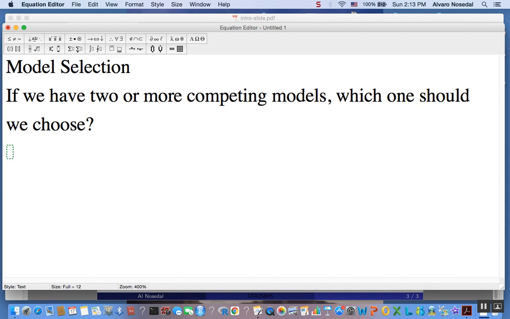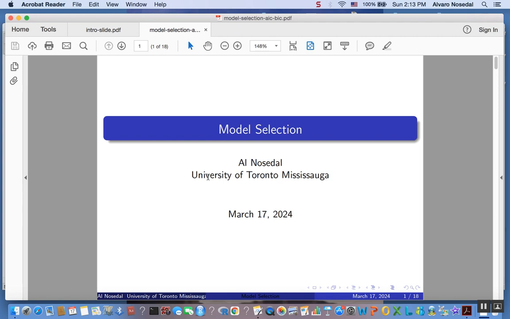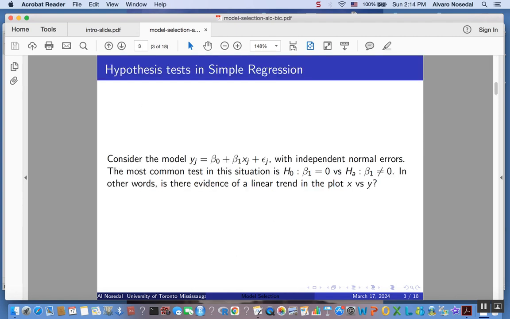Okay, so let's refer to our lecture slides. Let's go to slide number 3. As you can see, we're going to be considering a simple linear regression model.